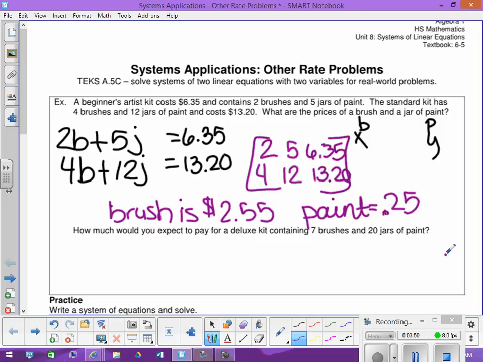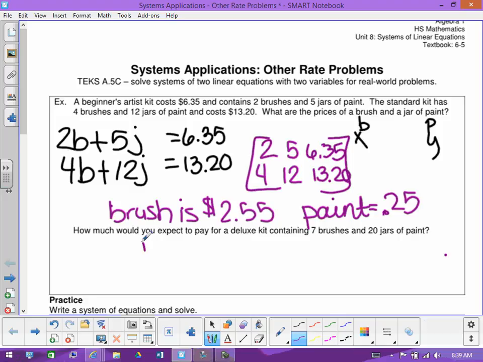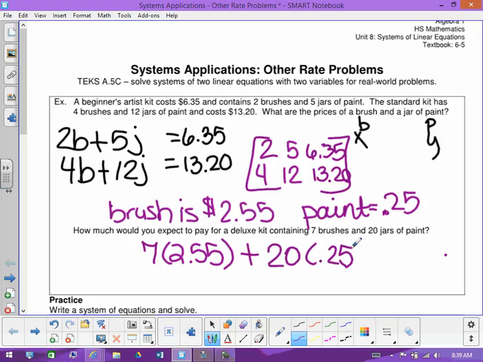We need to label them. So then our answer to the second part, we're going to use those numbers. If it says, how much would you pay for a deluxe kit with 7 brushes and 20 jars of paint? 7 times 2.55, plus 20 times 0.25.